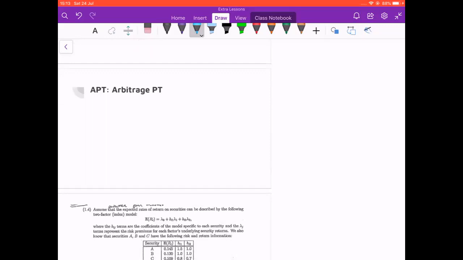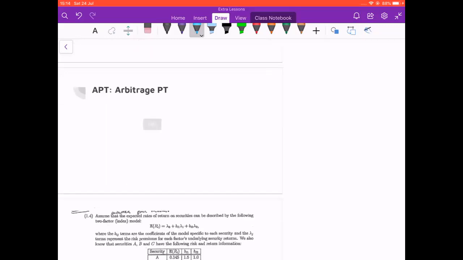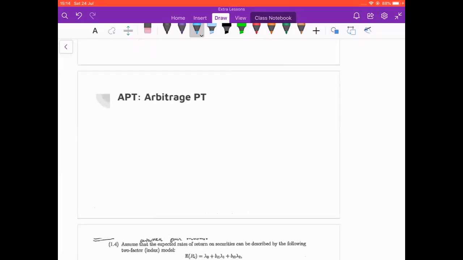So for APT, the arbitrage pricing model, just like we did back then, let's say maybe you have two assets.